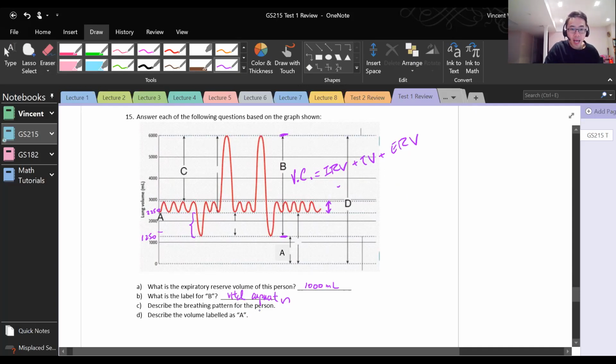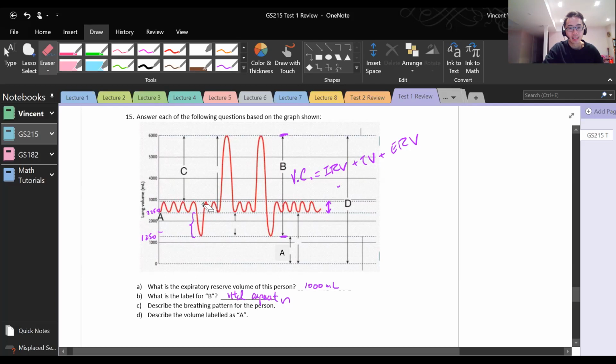Describe the breathing pattern for the person. Okay, so I'm just gonna describe it to you. I'm not gonna write it out. Okay, so this is regular breathing, just breathing in and out and in and out. So the lungs expand as you breathe in and contracts as you breathe out. And then at the end of the exhalation, you exhale as much as you can. So it takes you all the way down to this point, okay?